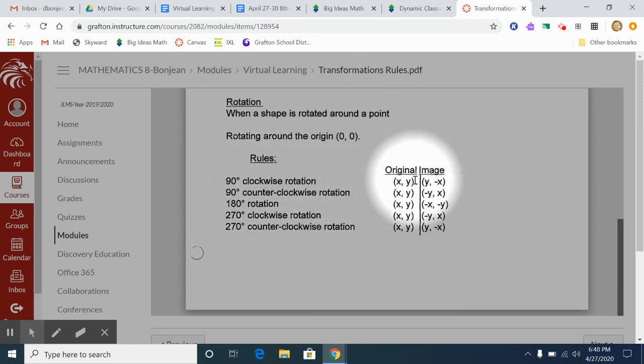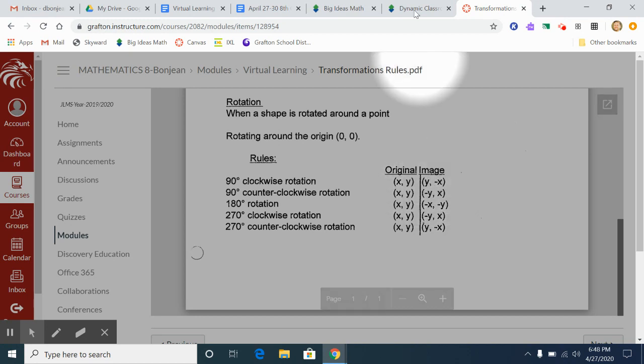What happens is we take our coordinates and we completely change, we flip-flop their spots now. So the x and y flip-flop spots, so y becomes x and x becomes y. And then the x value that we put in the y spot, it's confusing, we change to its opposite.